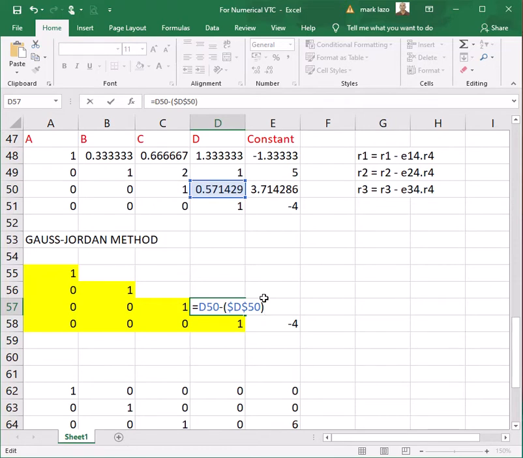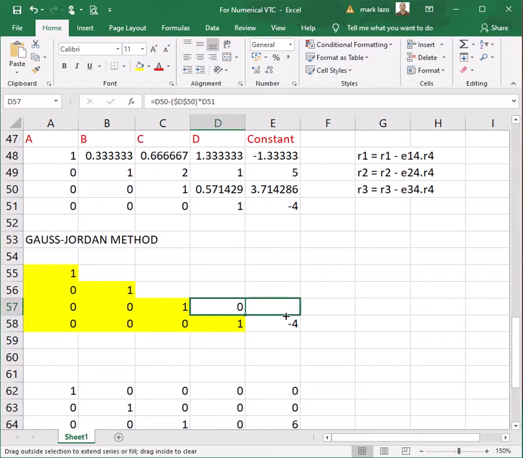That will be multiplied to the elements in row 4, which is equal to 1. Enter. So you have here 0, and all you have to do is drag the formula to get the value of R5.